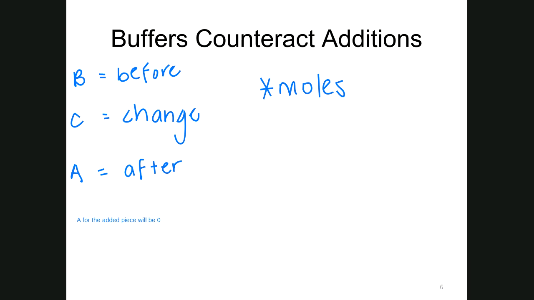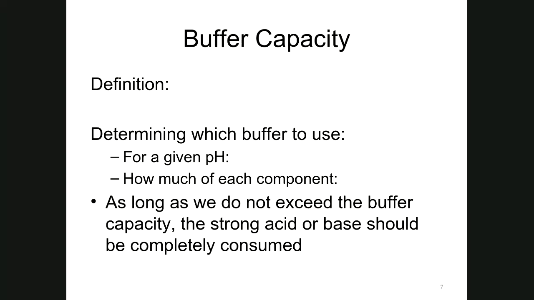Well, it has to do with this idea of buffer capacity. Buffer capacity is the amount of acid or base that the buffer can neutralize before the pH changes a considerable amount.